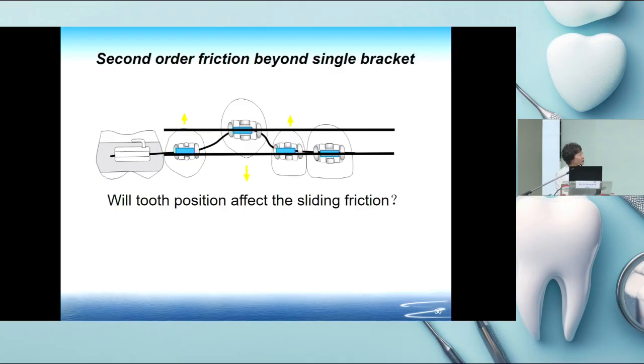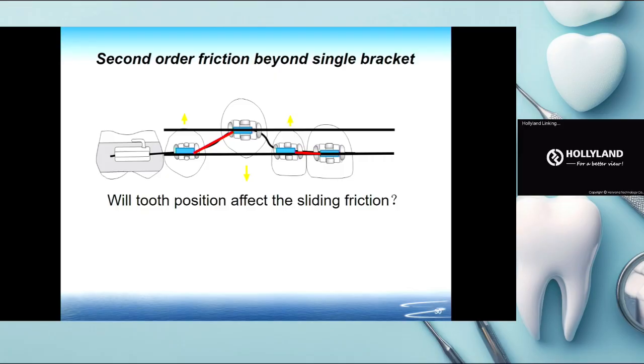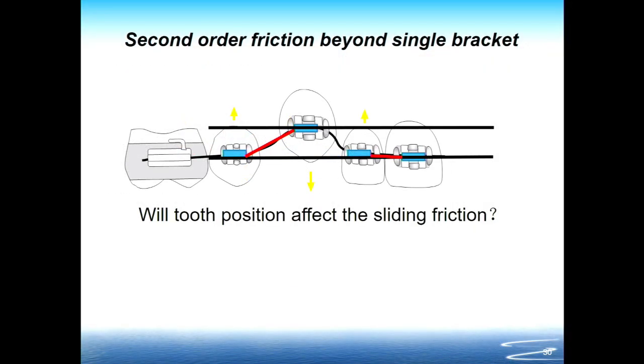How about this tooth here? The angulation is like this. And the angulation between these two teeth is different. So theta C is different. And the friction is also different, high friction here, low friction there.